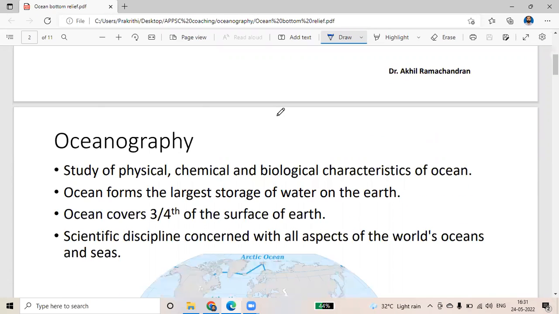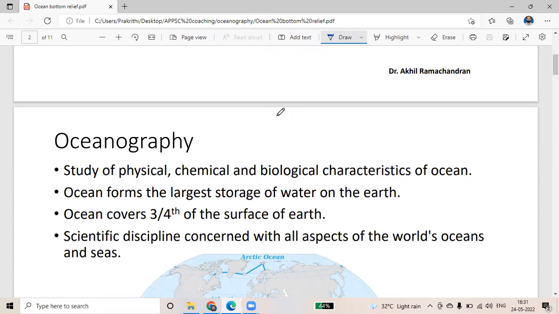Before going to the ocean bottom relief, let's understand what this oceanography stands for. Actually, oceanography is the study of physiographical, chemical, and biological characteristics of the ocean.